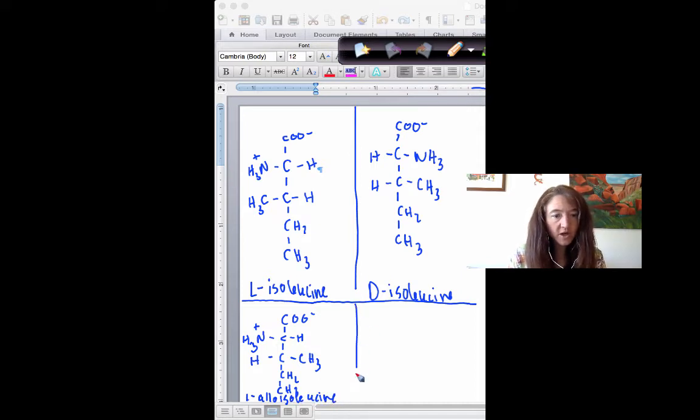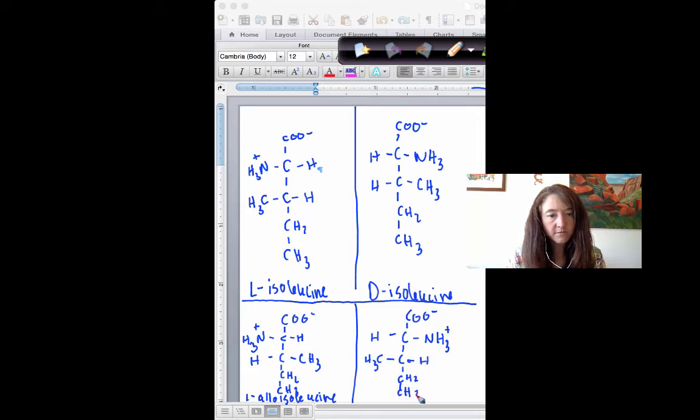And then across our mirror plane, and there we have it, our D-allo-isoleucine. So all 4 of our possible stereoisomers of isoleucine all in one spot. Kind of overwhelming, but it's truly beautiful.